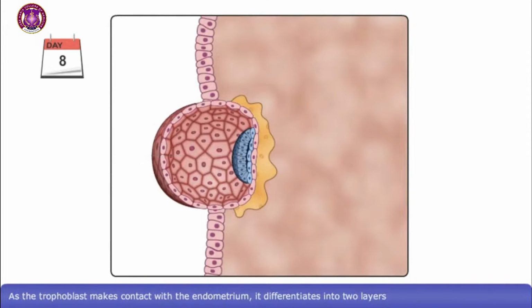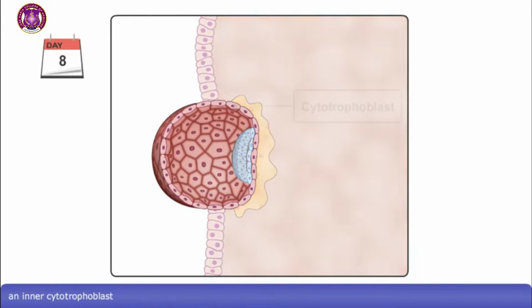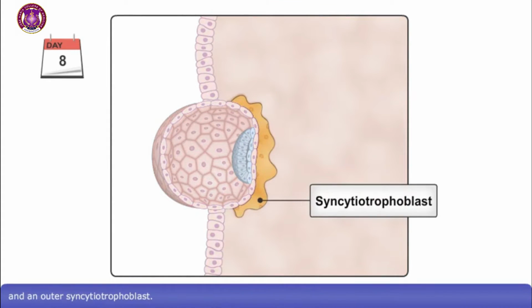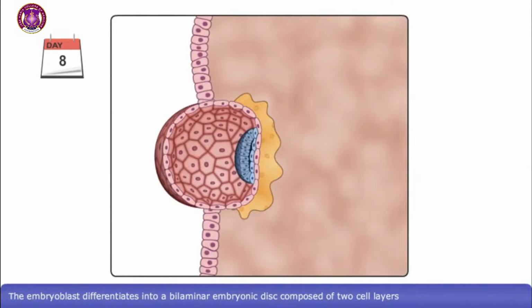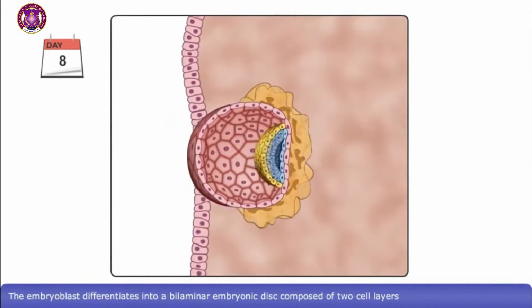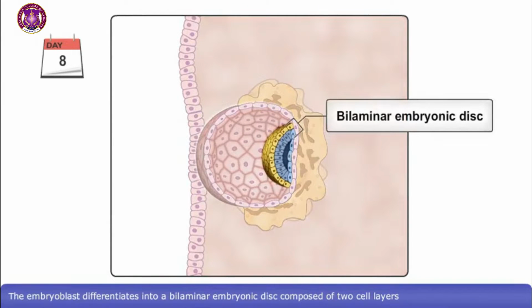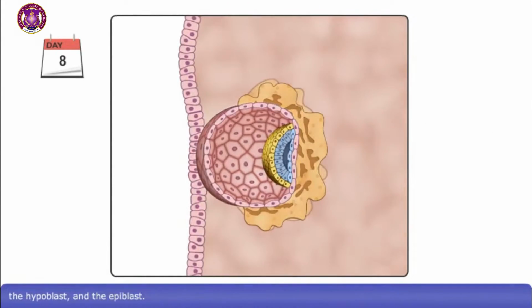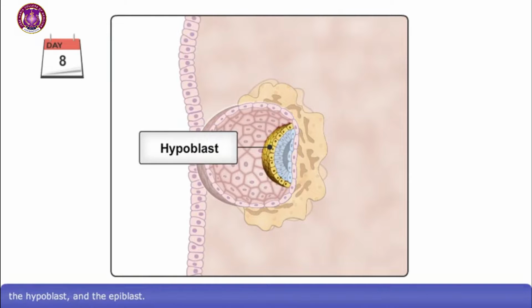As the trophoblast makes contact with the endometrium, it differentiates into 2 layers: an inner cytotrophoblast and an outer syncytiotrophoblast. The embryoblast differentiates into a bilaminar embryonic disc composed of 2 cell layers, the hypoblast and the epiblast.